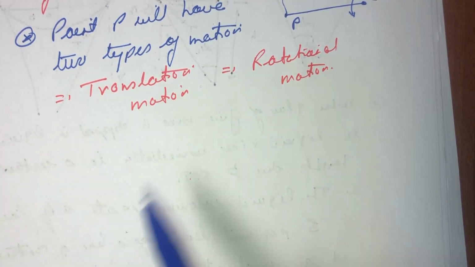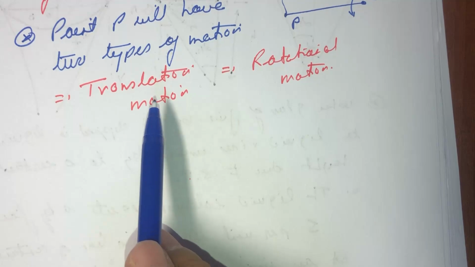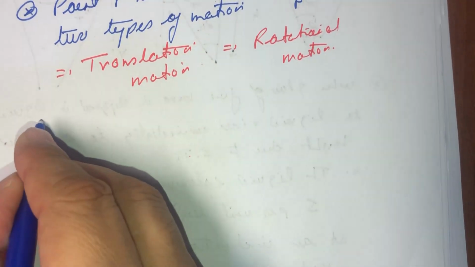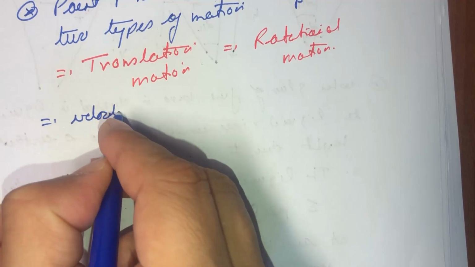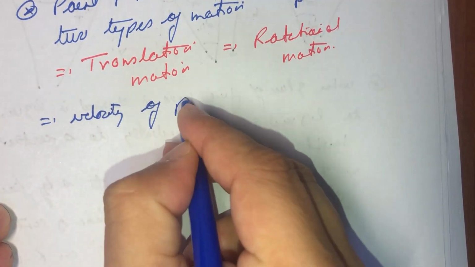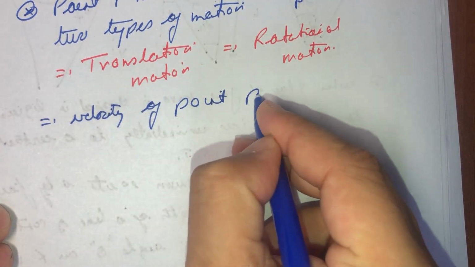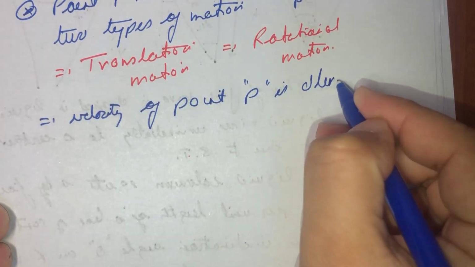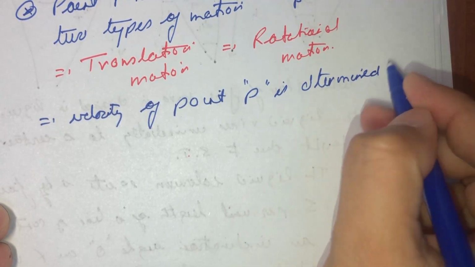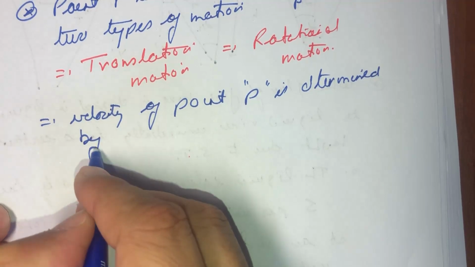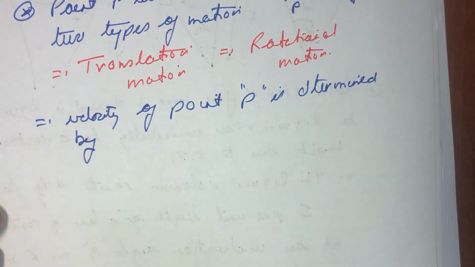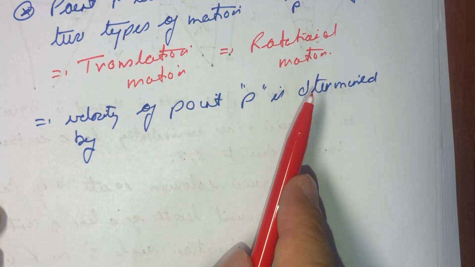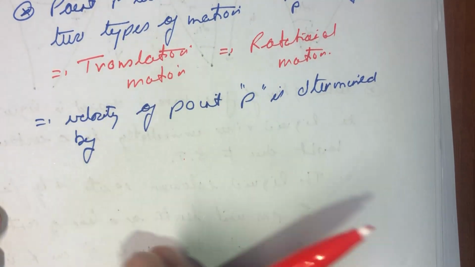So it means the velocity at point P will be determined by translational motion as well as rotational motion. So you can say that the velocity of point P is determined by the translational velocity, which will be because of translational motion, and rotational motion is going to provide the rotational velocity.